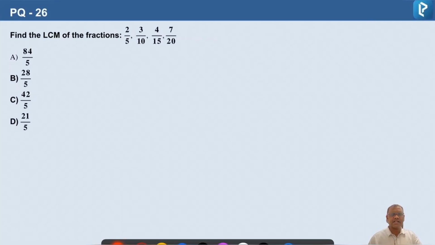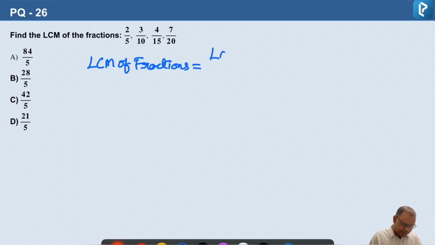Question number 26. Find the LCM of the fractions. Whenever we have fractions, the formula is: LCM of fractions is the LCM of the numerators divided by the HCF of the denominators.